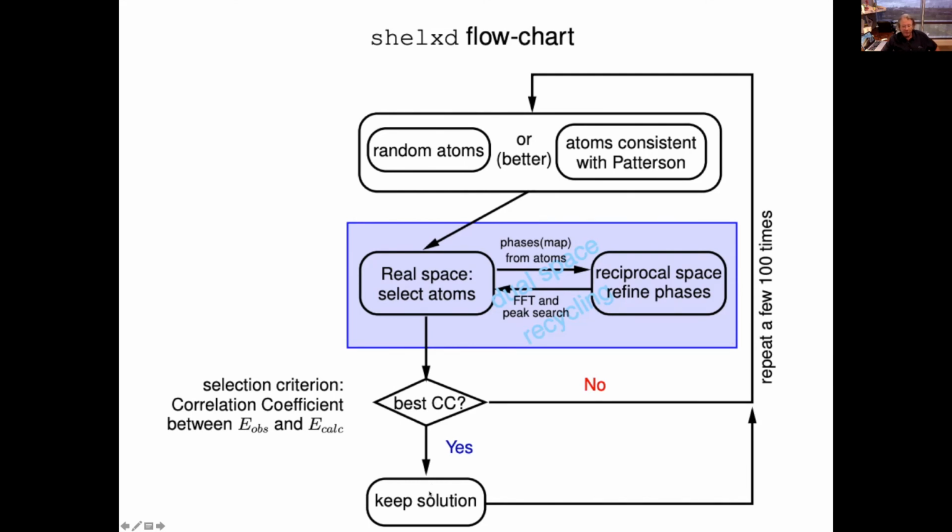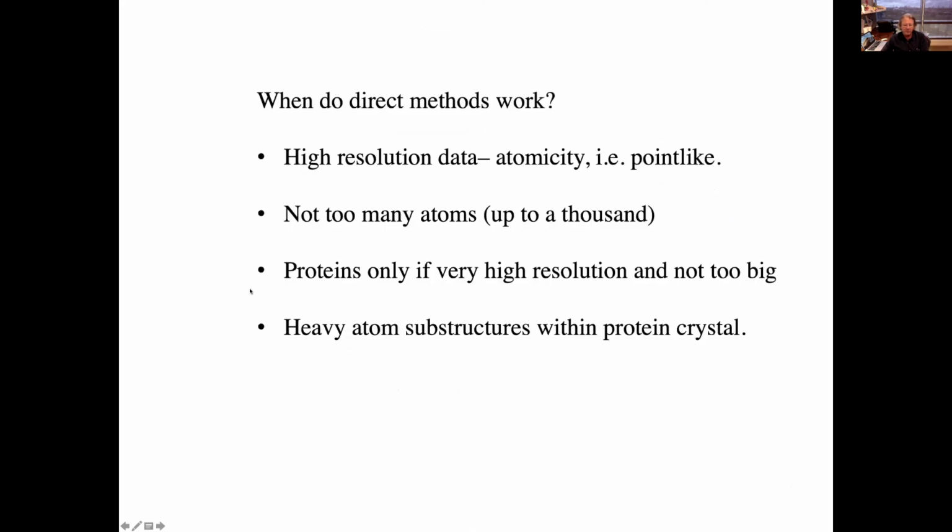And when you get a good fit, you're done. And this SHELXD works amazingly well. It works for small molecule crystallography, and it works for finding the substructure in macromolecular crystallography.